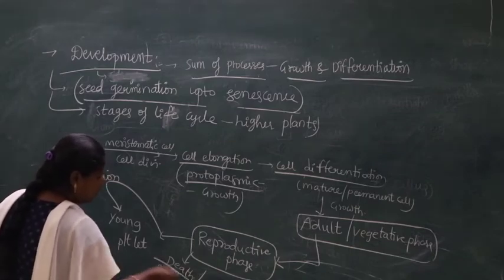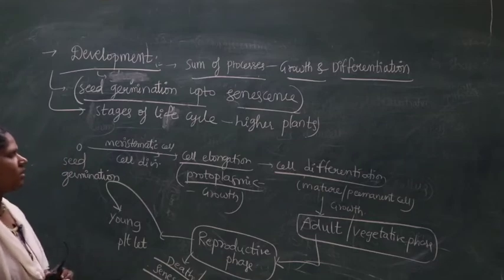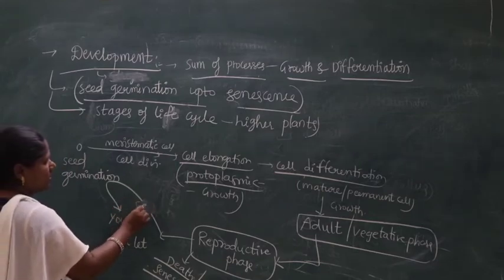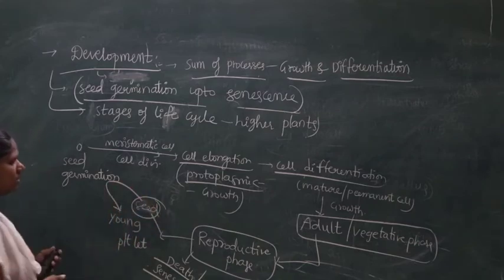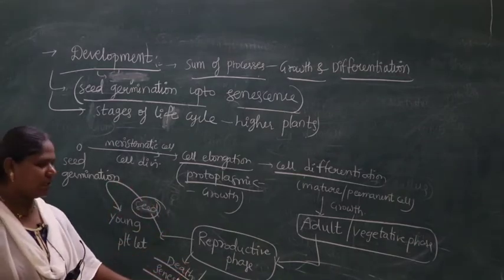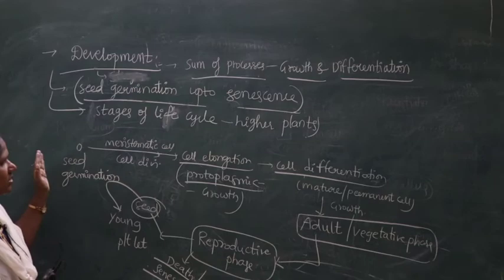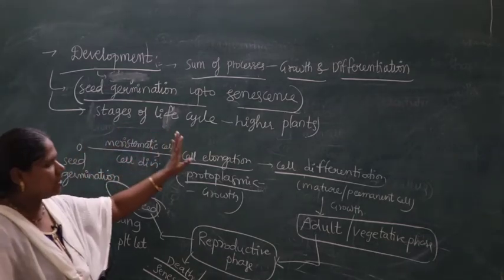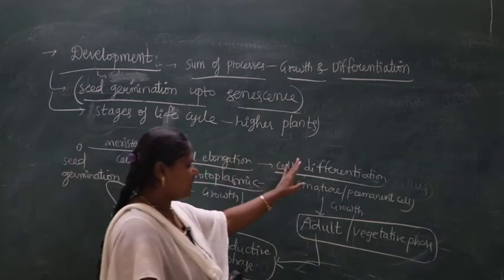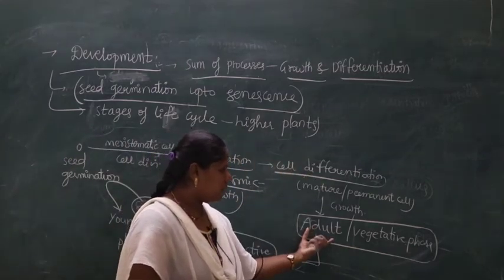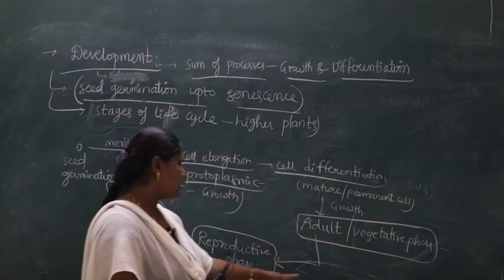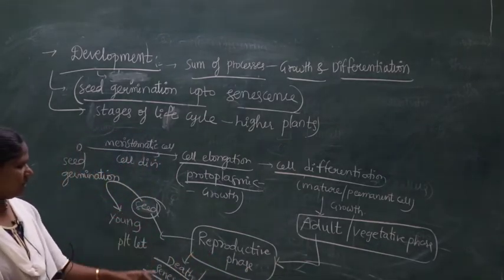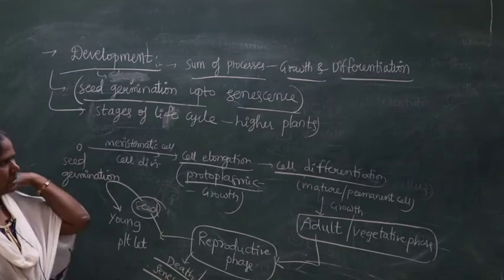After the seed is produced, the plant will undergo death and senescence. The life cycle starts with the seed germination. Meristematic cells keep dividing, elongating, differentiating, becomes an adult plant where the vegetative organs develop, develops into reproductive phase, produces seed and finally leads to death or senescence.